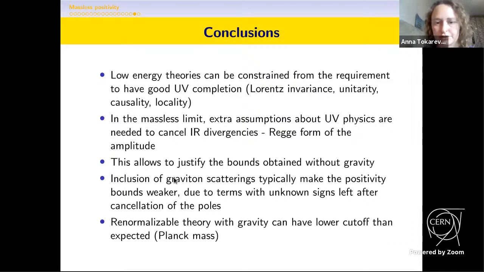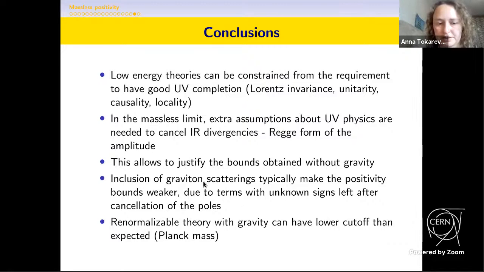All this allows us to justify the bounds which were obtained without gravity, to say that they also can be satisfied with gravity. And inclusion of graviton scatterings can make the positivity bounds weaker, due to the terms which are left after cancellations of the 1/T poles.